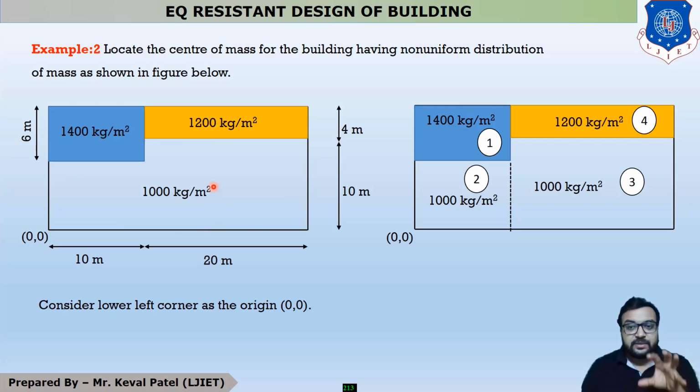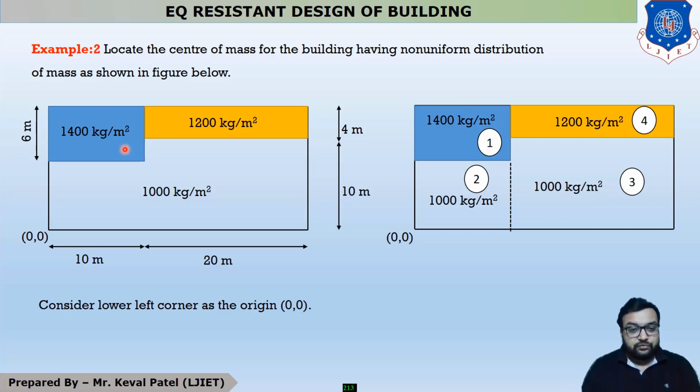This means the system has a non-uniform mass distribution as shown in the figure. So first of all you have to convert all this from kg per meter square to kg, because weight, or mass, is always in kg or kilonewton.